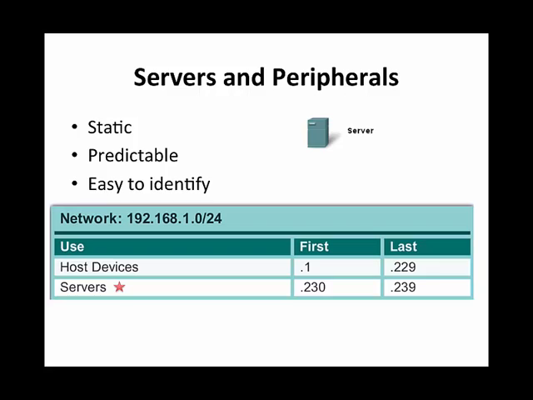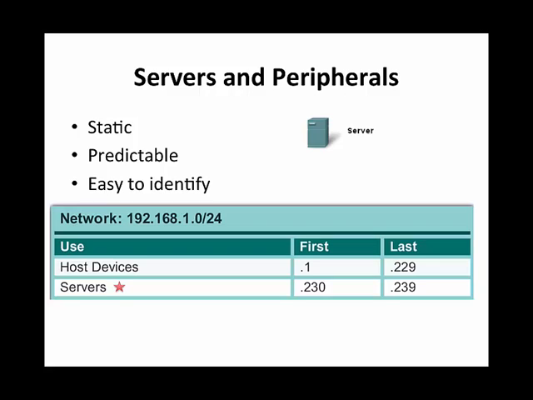First of all, every time you connect to a network, you would want to know where your server is, where your printer is. So you don't want your printer to be on a different address every time it connects to the network. You would always want it to be on the same address. So for this, it has to be static.